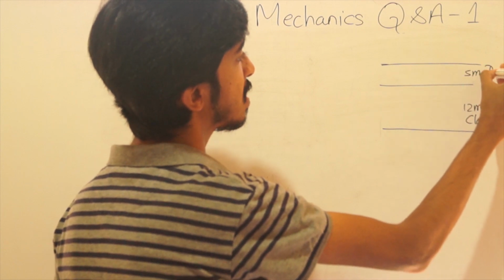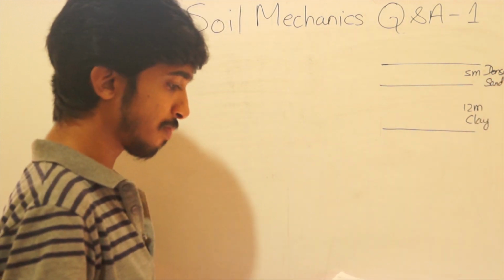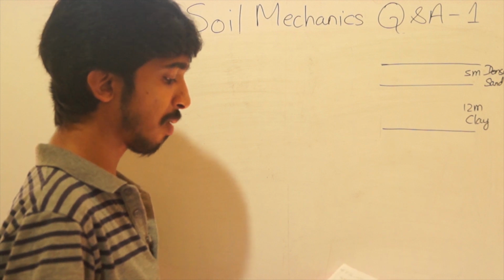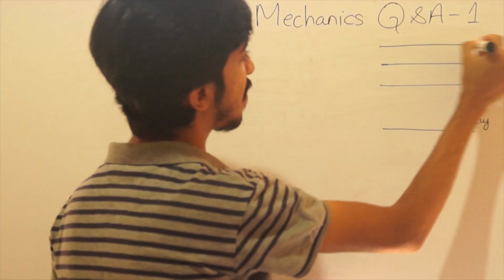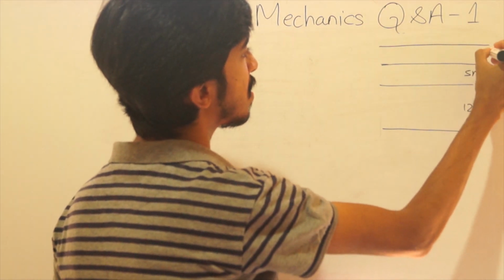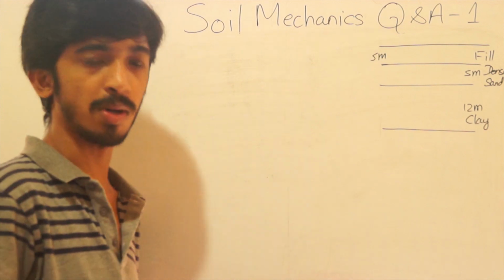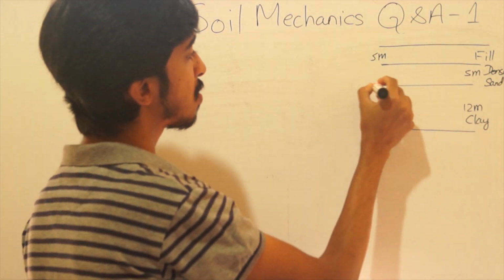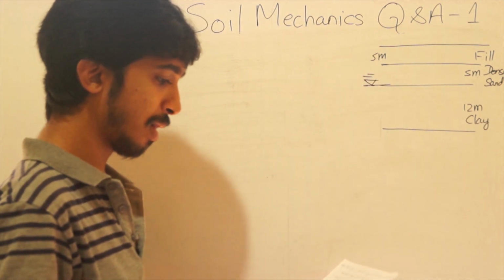This is dense sand. A 5-meter high fill is constructed on the site over a very large area. So they are saying that there's a very large fill, a fill which is 5 meter. So this is an infinite load. And the water table is at the top of the clay layer.